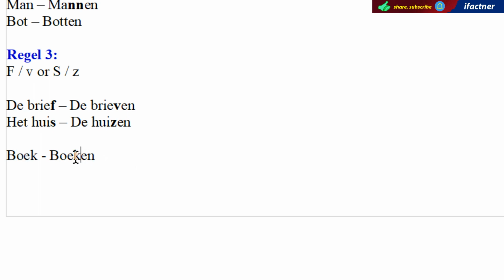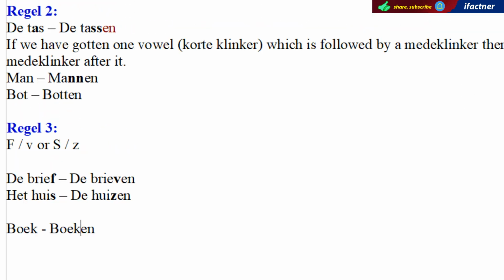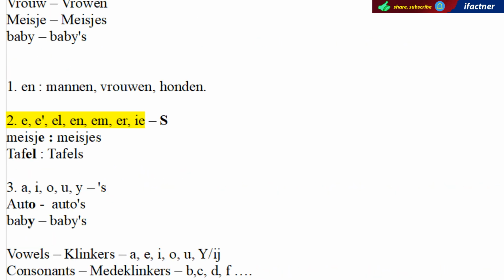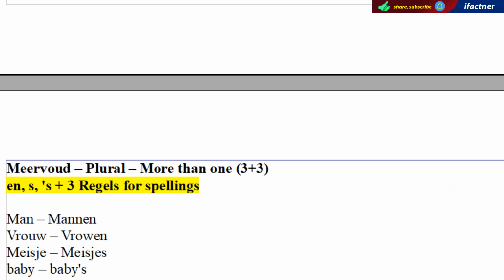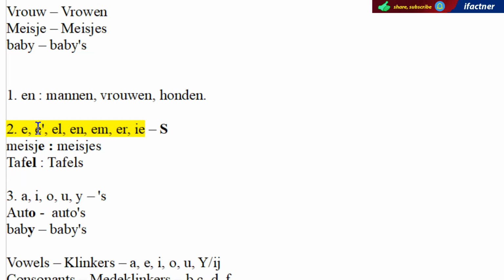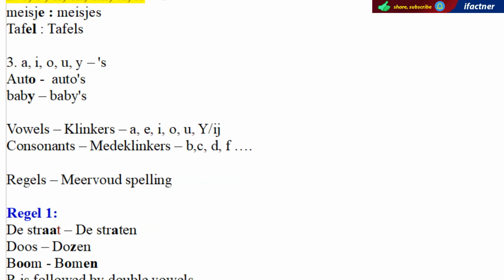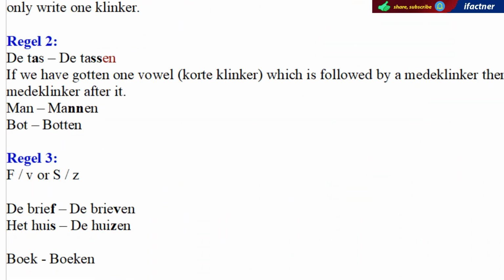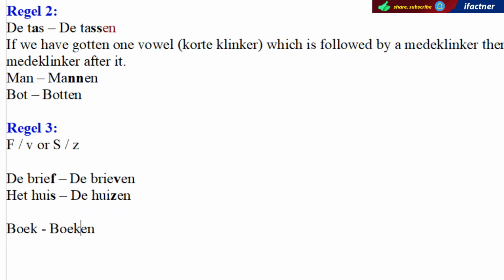We have to see that K doesn't come in rule number 2 and 3. It doesn't come in A, AL, AN, AM, AR or E, A, R, E, O, U and I. Therefore, we have added EN at the end of the word. So boek becomes boeken.